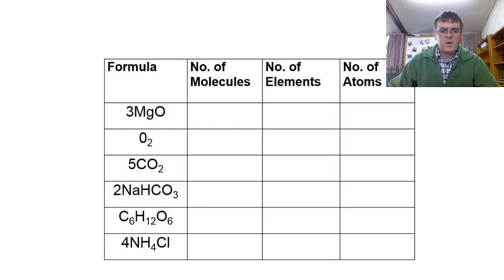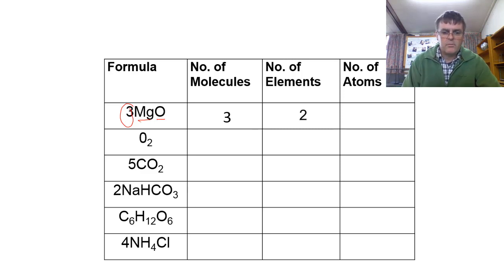Righty-ho. Have a go with these ones here. So what have we got? We've got the first one. We have 3 of magnesium and oxygen. So I'm going to have how many molecules altogether? 3 of them. How many elements? 2 of them. How many atoms?